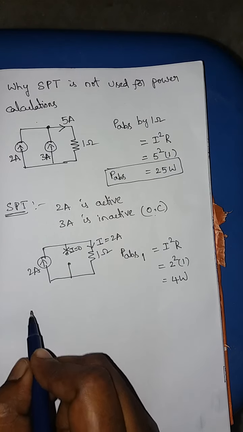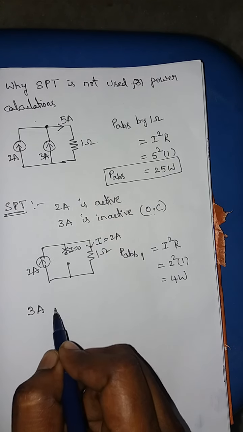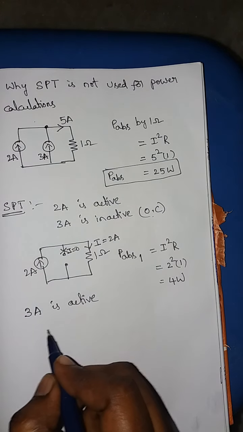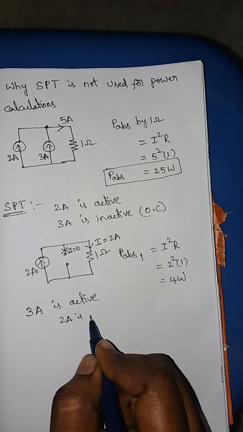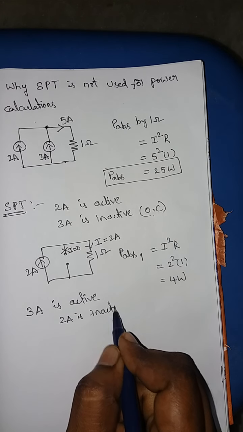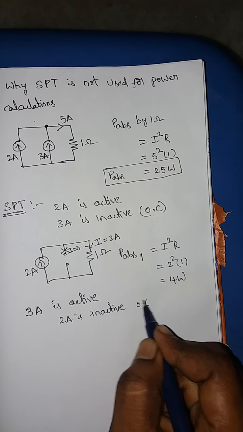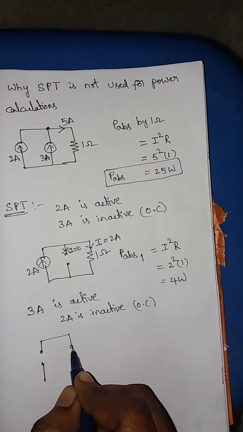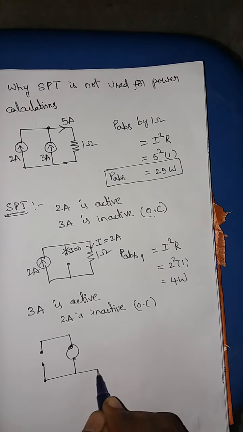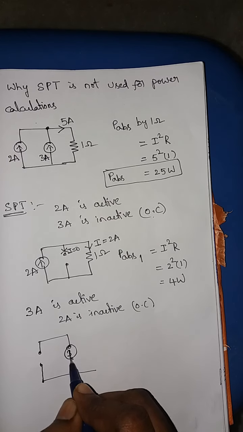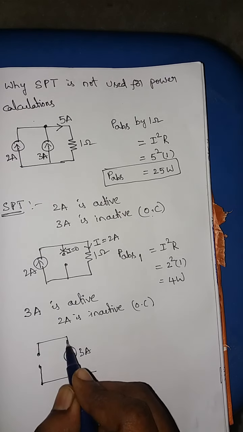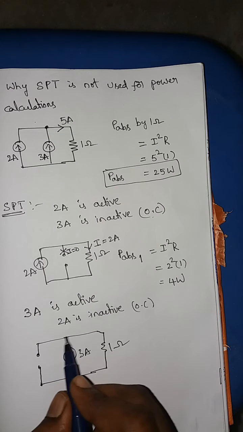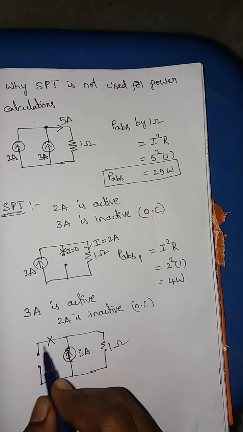Next, case 2. The 3 amps source is active and the 2 amps source is inactive. Inactive indicates open circuit. As the 2 amps source is open circuit but the 3 amps source is live, that is active, there is no current flowing through this branch.